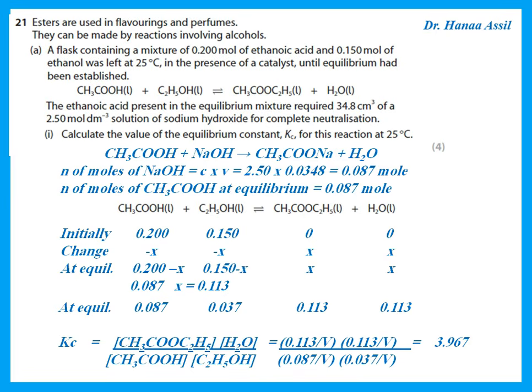I can calculate the Kc, concentration of products over concentration of reactants. Remember that concentration is number of moles over volume. The numbers that we have here are number of moles, but actually the volumes cancel, so I can use the number of moles directly, and that gives me a Kc of 3.967.